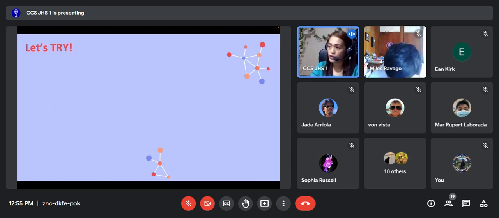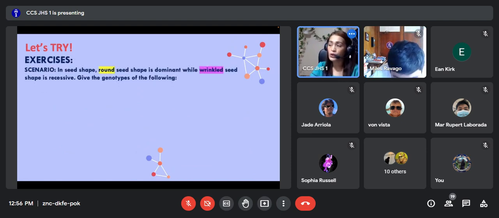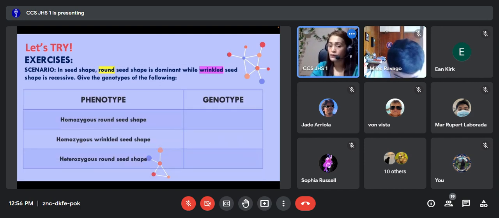So let's try if you understood this part. Our scenario this time is the seed shape. One is round, which is the dominant, while wrinkled is the recessive. So how do we write the genotype?